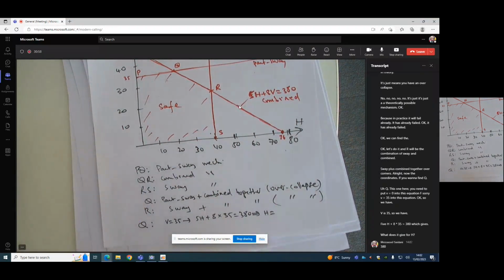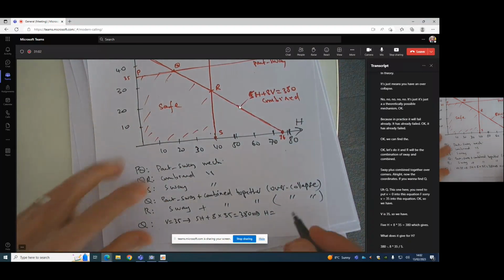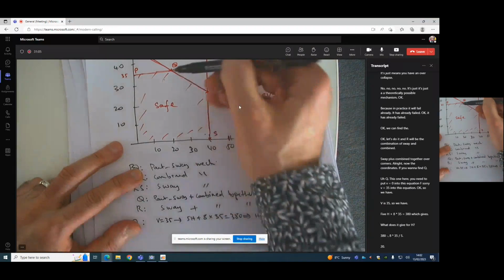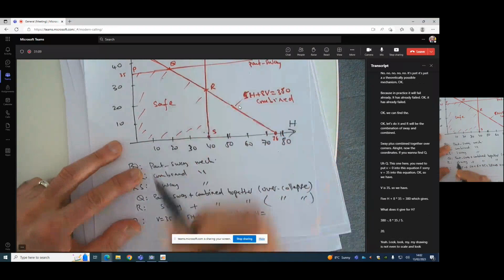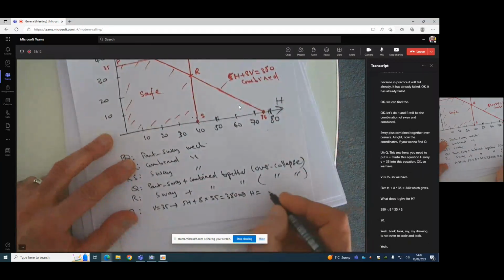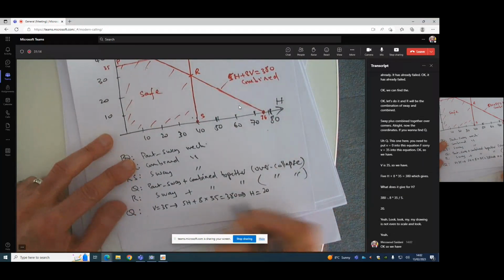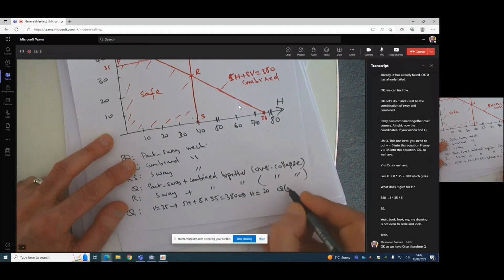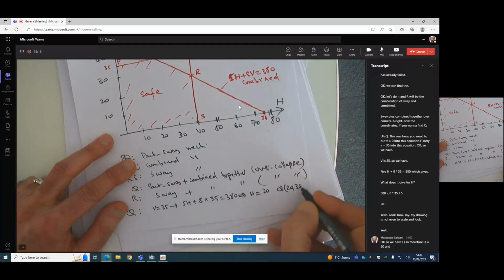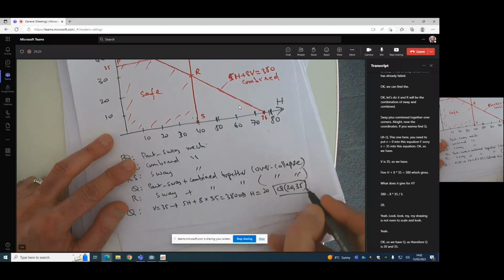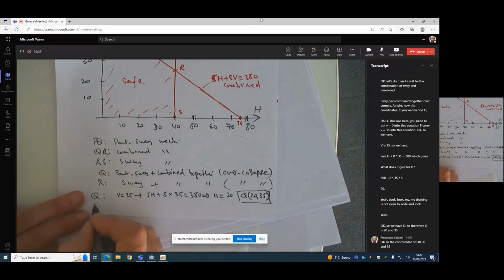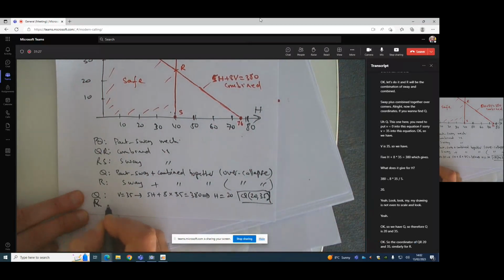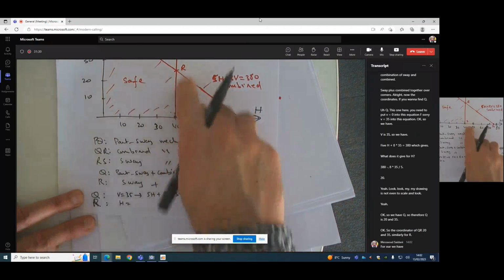380 minus 8 times 35 divided by 5. 20. Yeah, look, my drawing is not even to scale. Okay, so therefore Q is 20 and 35. So the coordinates of Q are 20 and 35. Similarly for R, we have H is 40.